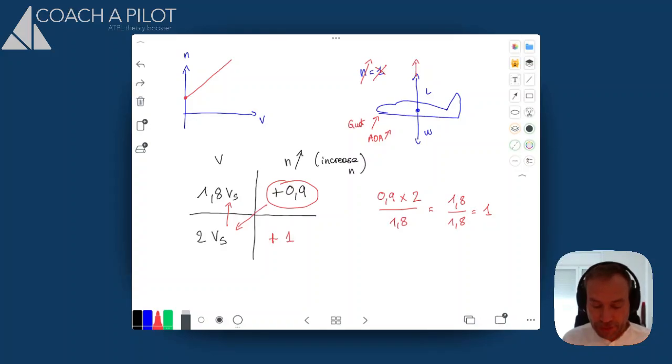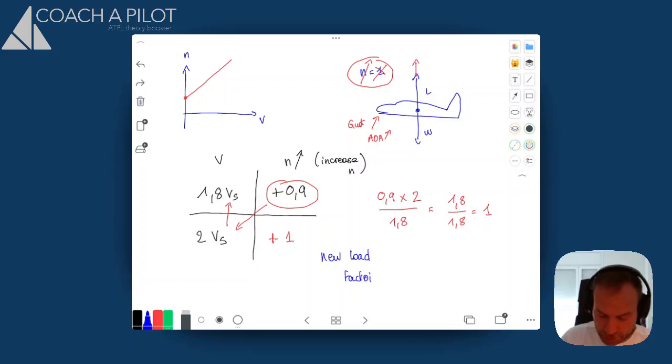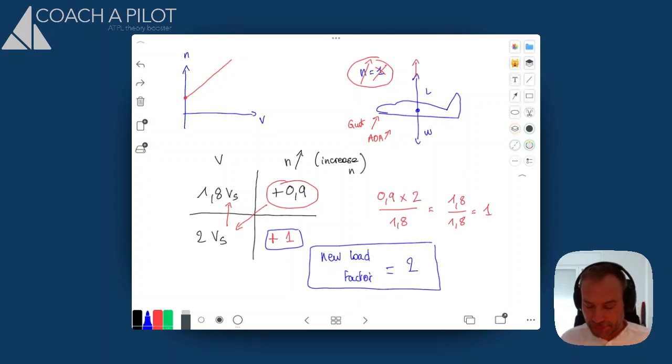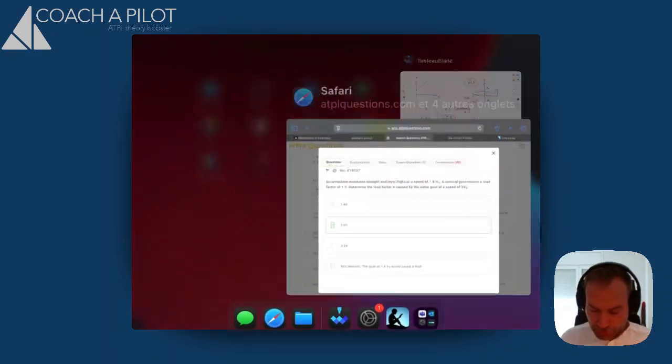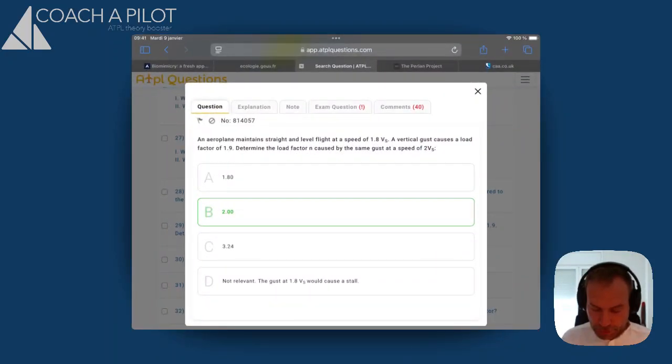Okay, so if initially the load factor was 1, because we were flying straight and level, obviously the new load factor is the initial load factor 1 plus 1. So the new load factor will be 2. And that's it. Problem solved. Here it is. Okay, new load factor equals 2.